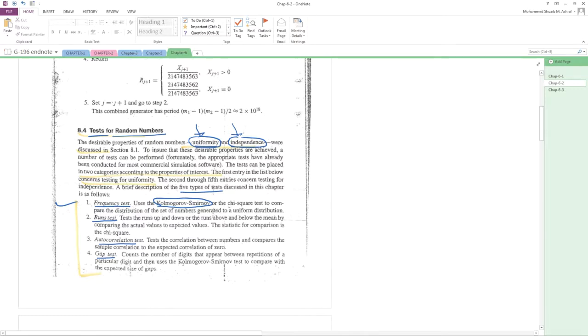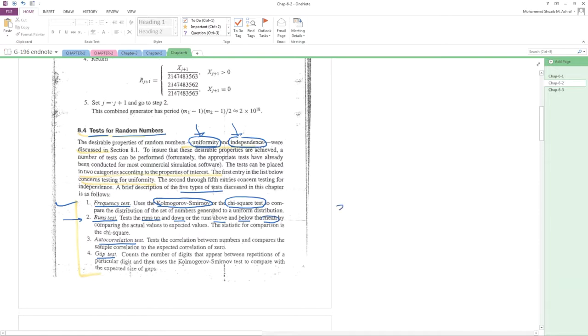Next is the chi-square test. In the next class we will see the chi-square test. The next test, number two, is the run test. We will do run up, run down, run above, run below by calculating the mean.